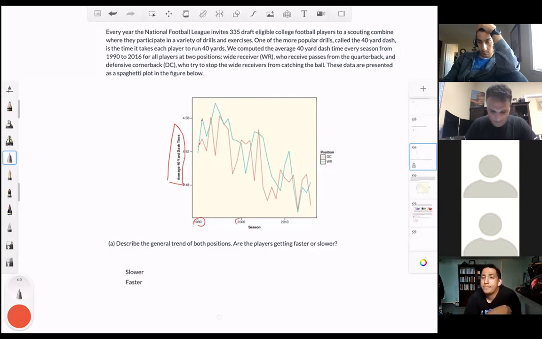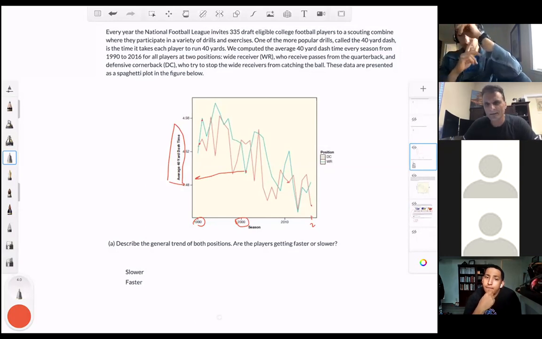In 2000, I picked this point, become less. In 2010, for example, become less. And if here is 2020, so they got faster. Yeah. Correct? I run like a 4.2. That's what you said, faster? Yeah, it's faster. Okay.